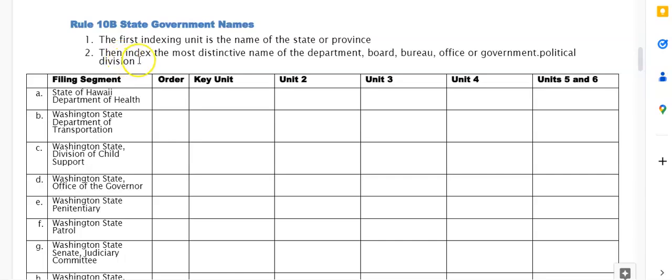Then you'll index the most distinctive name of the department, board, bureau, office, or government or political division. The first one we have is State of Hawaii Department of Health. Remember, the first indexing unit is the name of the state. So Hawaii is my key unit.